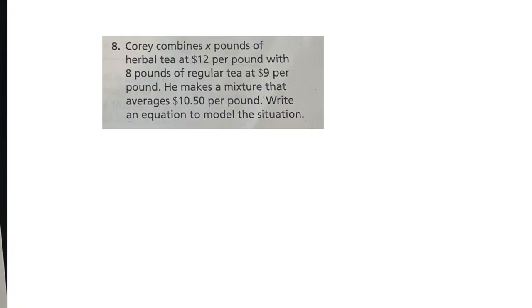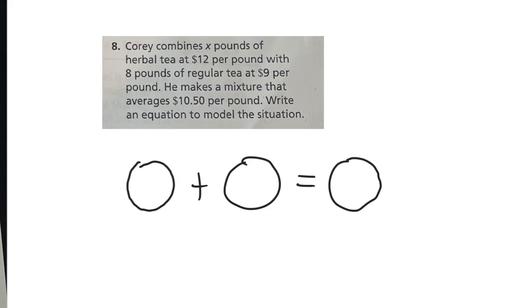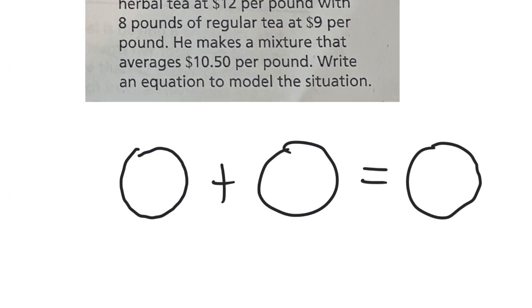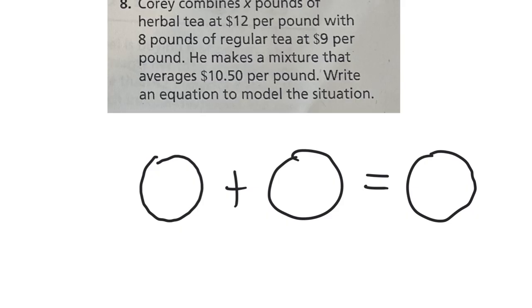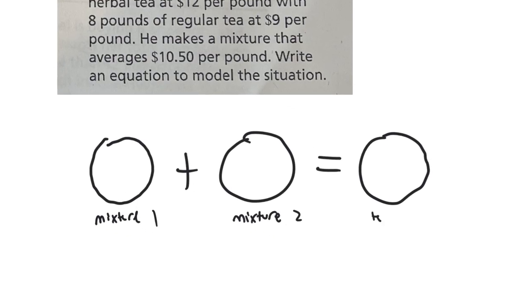Well, for mixture problems, this is the way I like to do these. This is sort of a mixture problem. We have the first mixture plus another mixture, mixture 1 plus mixture 2, and we can call this the total mixture at the end of mixing everything together.